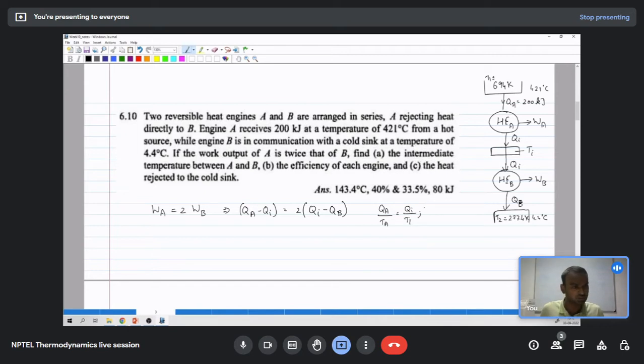This is for the first heat engine, and for the second heat engine we have QI by TI is equal to QB by TB. So solving this expression, I have QA plus 2QB is equal to 3QI.